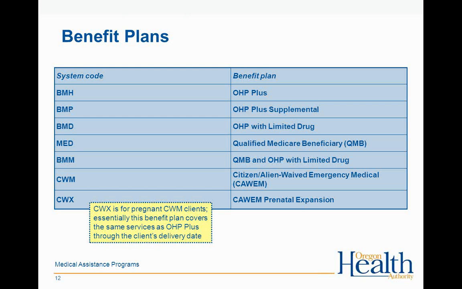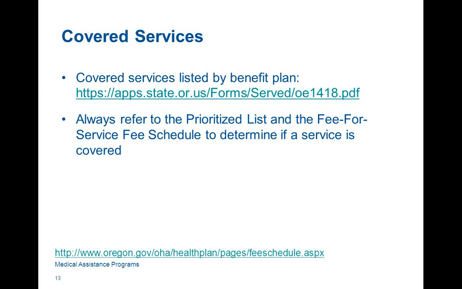And then, of course, we have our CWM, which is Citizen Alien Waived Emergency Medical Only. And then we do have a prenatal expansion of that CAWEM program. So lots of different benefit plans. And you can find out which services are covered, listed by benefit plan. At that link there, we do have a form that explains that the clients actually have access to that form. It was designed for clients, but you can take a look at it.